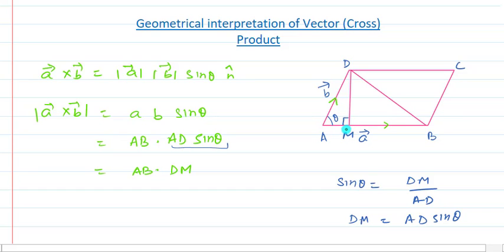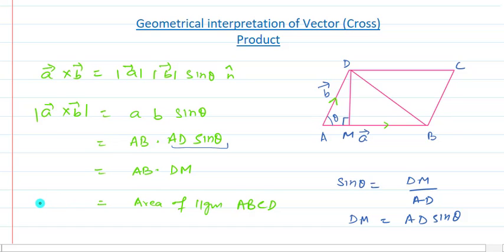So AB into DM is nothing but the area of the parallelogram. The same we are getting over here. So what is AB into DM? AB into DM is the area of parallelogram ABCD. So this is how we can express the area of a parallelogram in terms of cross product.